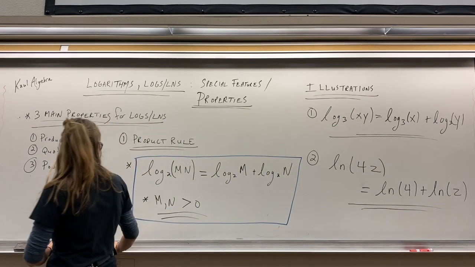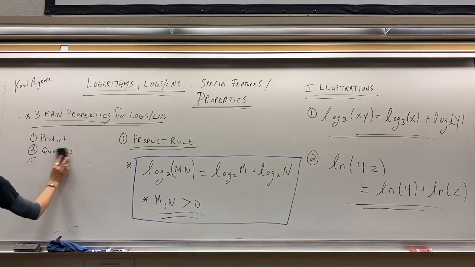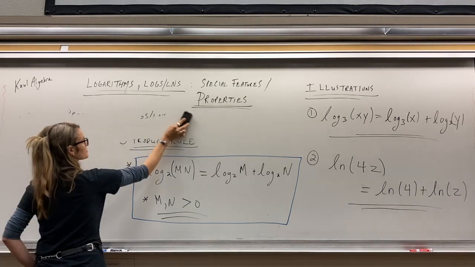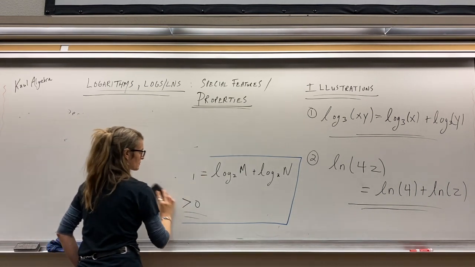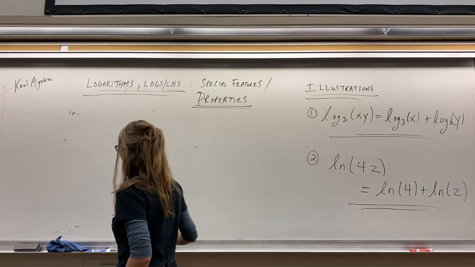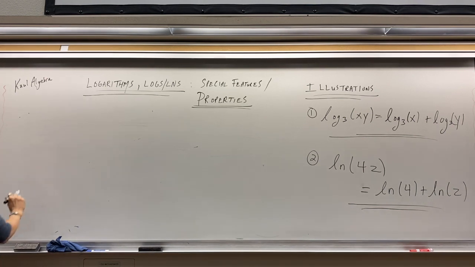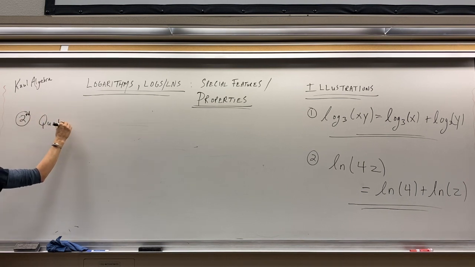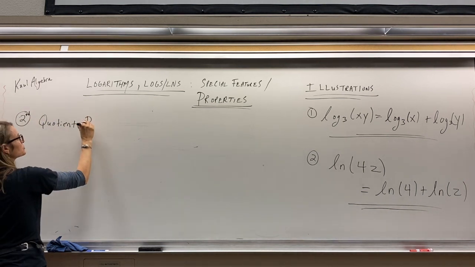Okay, the next property is the quotient rule. Very similar, it's just subtraction. So number 2, we have the quotient rule or quotient property.